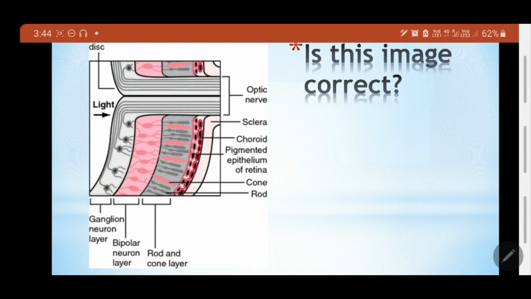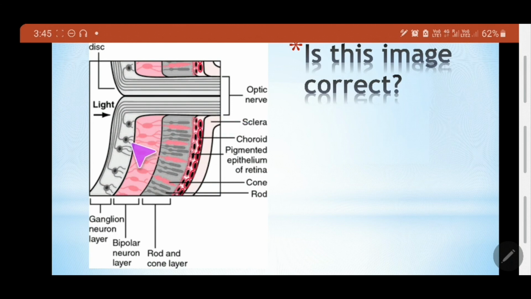I am trying to show you this to make the concept clear. It's about the pattern of emergence of these nerve fibers out of the cribriform fossa to form the optic nerve. As you've seen, these ganglion cell neurons are placed adjacent to the optic disc, and they have shown that the fibers pass peripherally in the optic nerve.